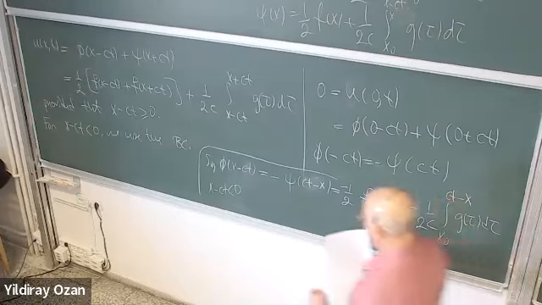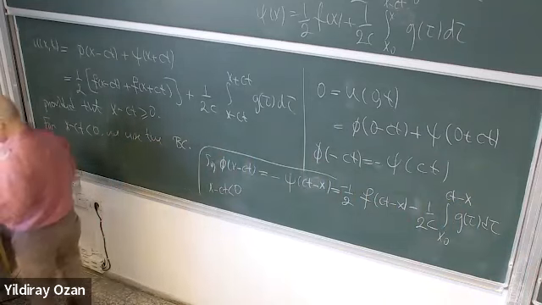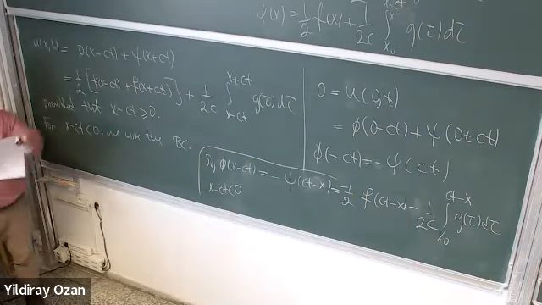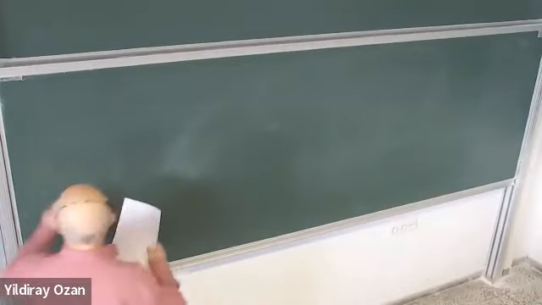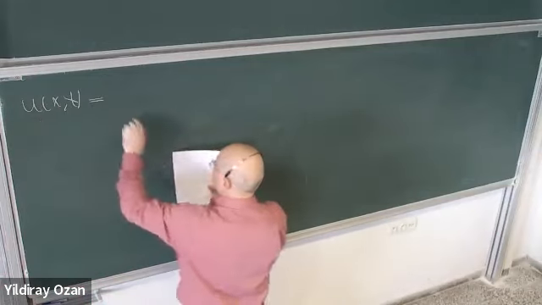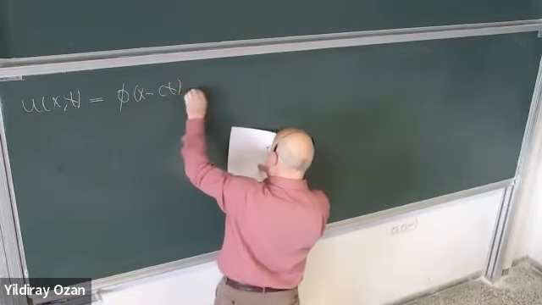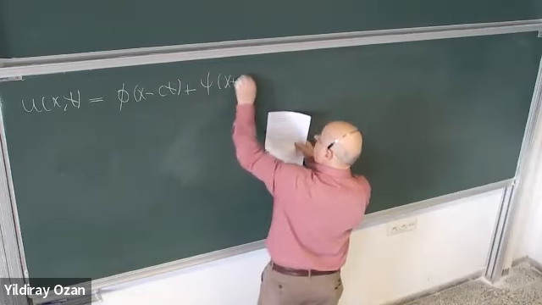u(x,t) is then phi of x minus ct plus psi of x plus ct.